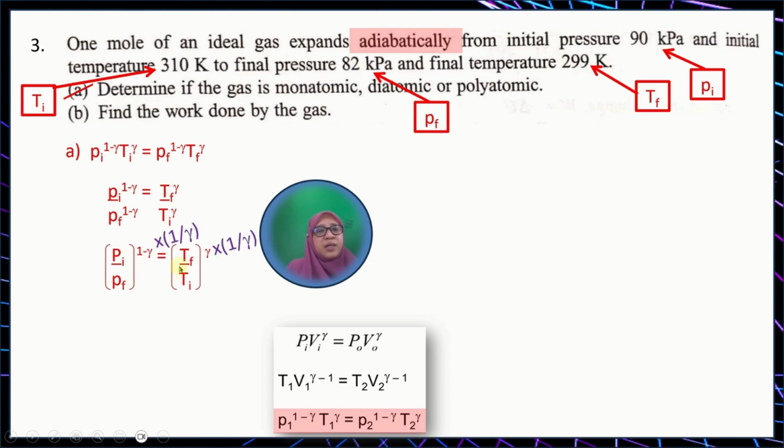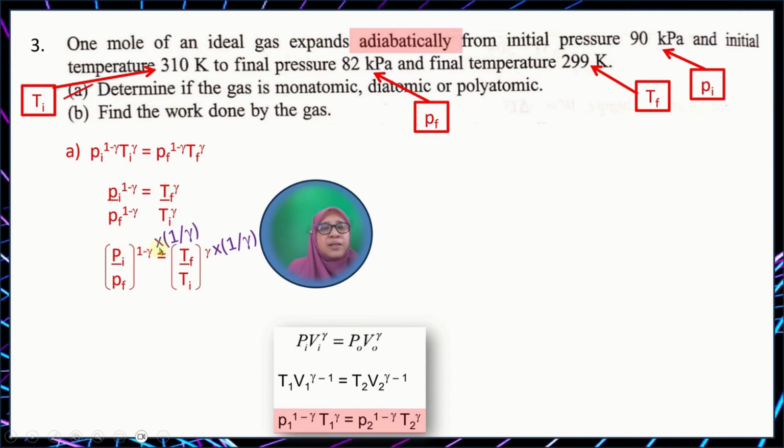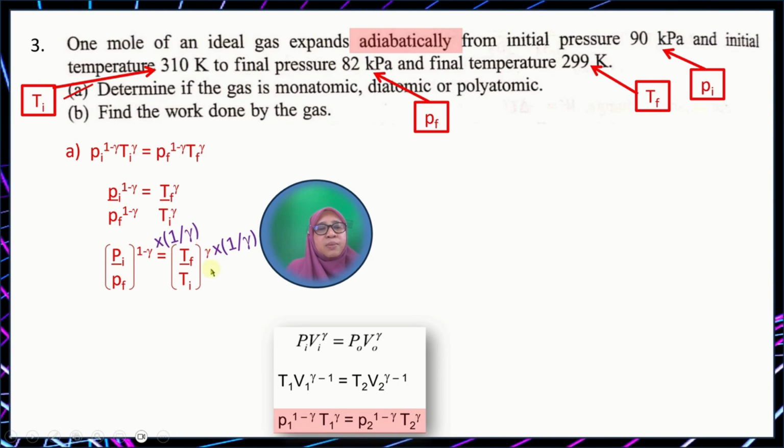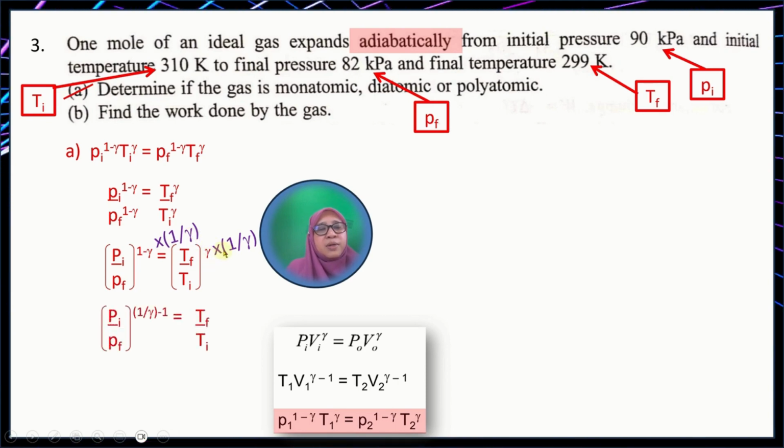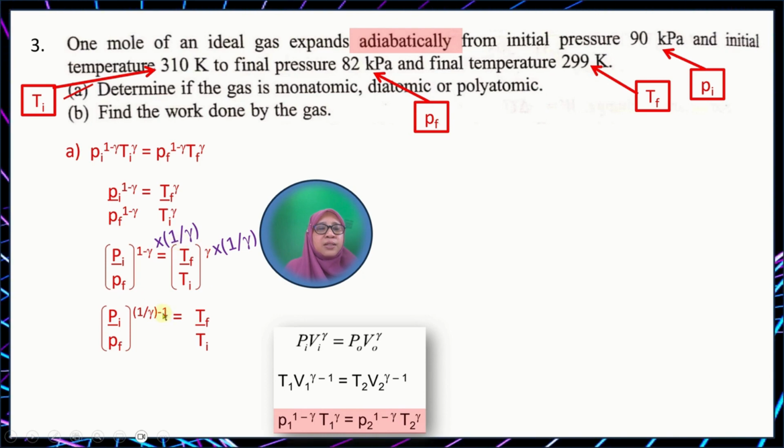To find gamma, we multiply both sides by 1 over gamma. On the right side, gamma times 1 over gamma cancels out, becoming to the power of 1. The left side will be 1 over gamma minus 1.